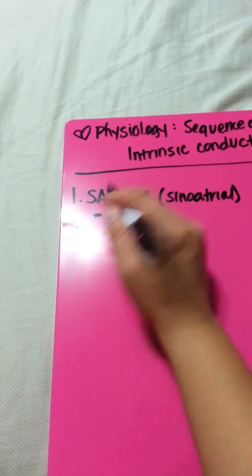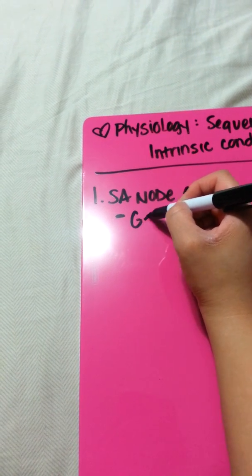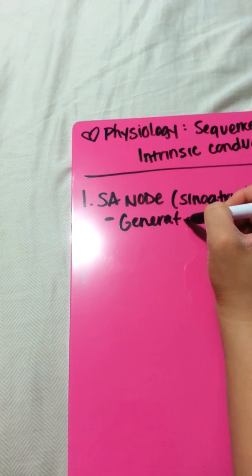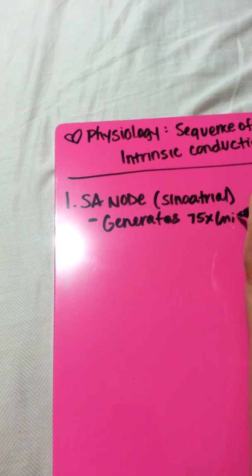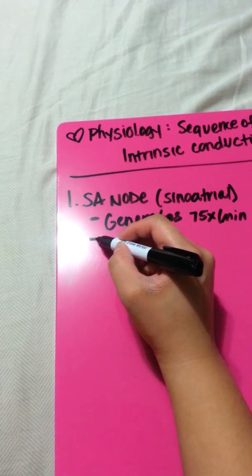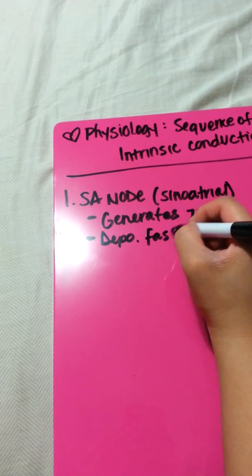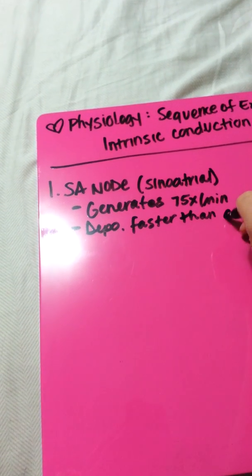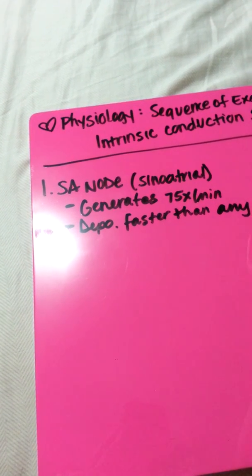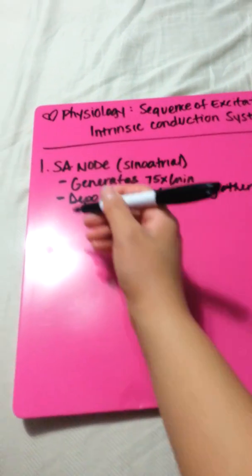This generates impulses 75 times per minute and depolarizes faster than any other part. So it depolarizes faster than any other part of the myocardium.